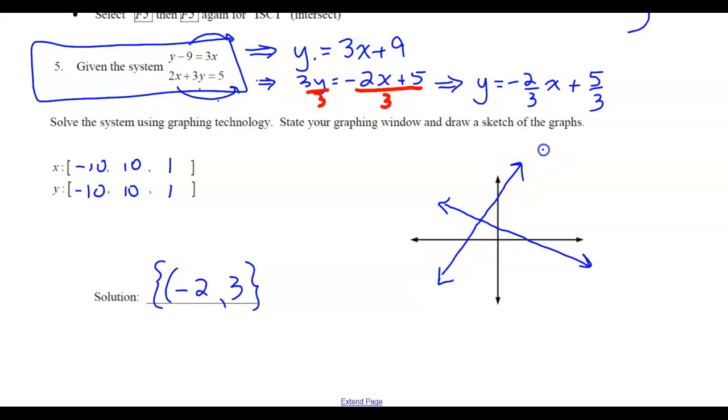So this was the first equation, this was the second with a negative slope, and that point of intersection was -2, 3. Okay, so that's how you can use your calculator. All right, so we're going to stop that.